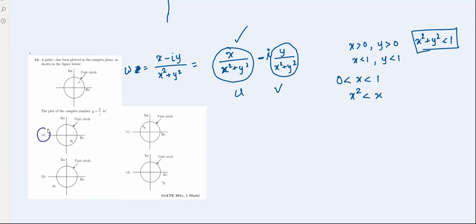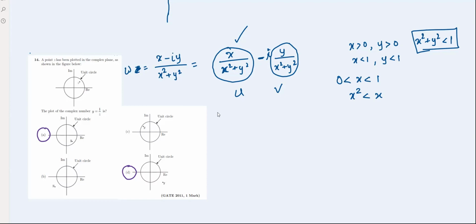One is this possibility, other is this possibility. So now we have to see where does it lie? Does it lie inside or outside? So very simple now. Let us do this.